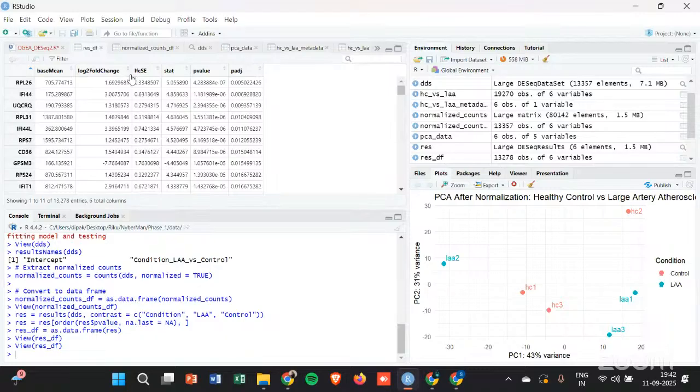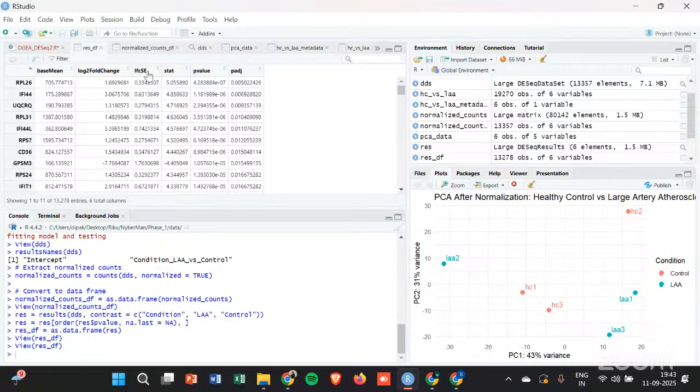A log2 fold change of 1.69 means that in condition LAA there is an upregulation by log2 fold scale of 1.69 as compared to control. All the values here are expression values or fold change values, where the control is the baseline and your condition is where it is being reflected.